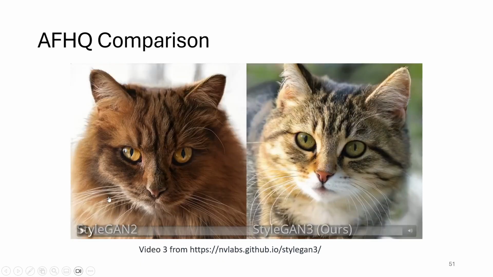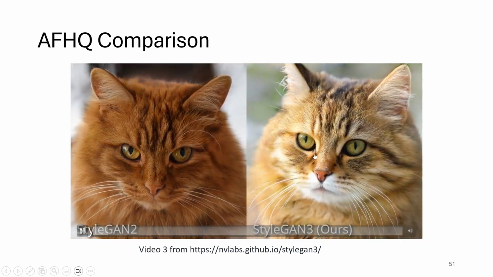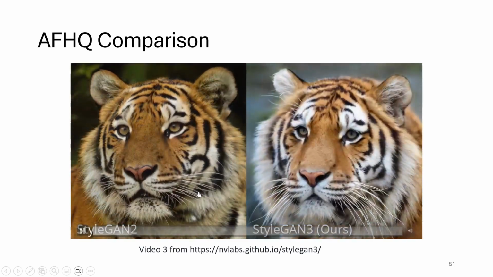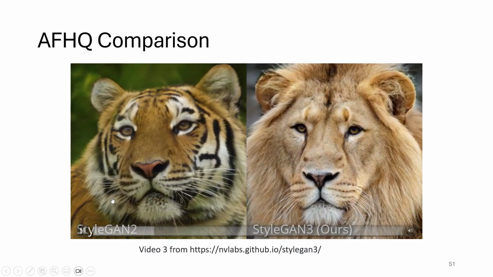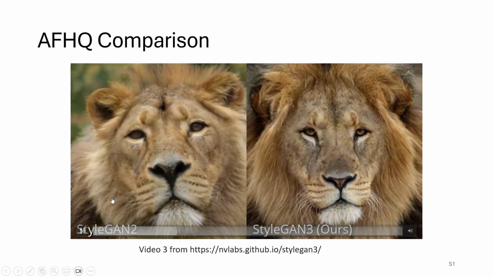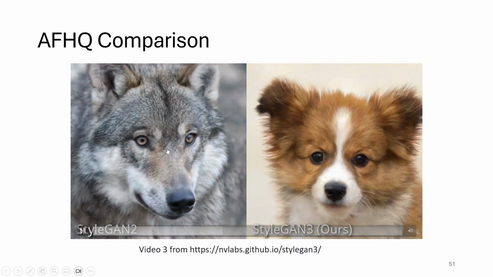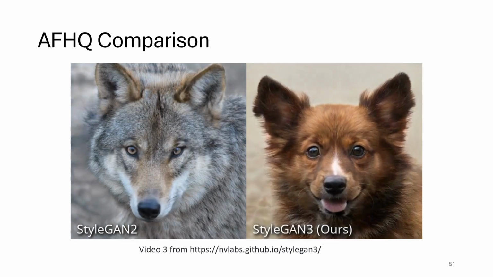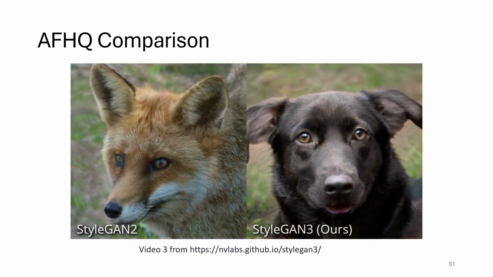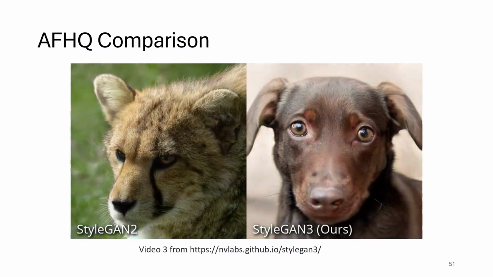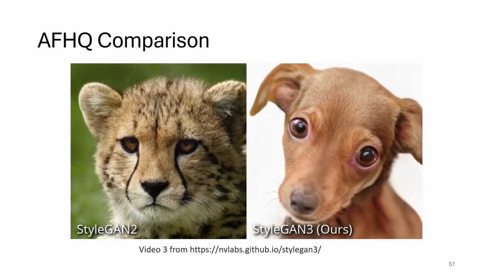If you take a look at this, in V2 you see some pattern. They call the pattern aliasing. It's very clear that some pixels are just brighter or darker than other pixels. So that's the aliasing, and they solved the problem in their StyleGAN V3.